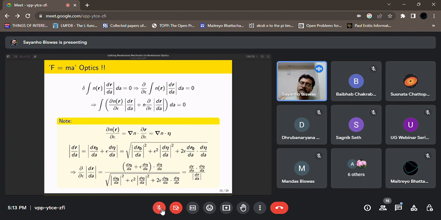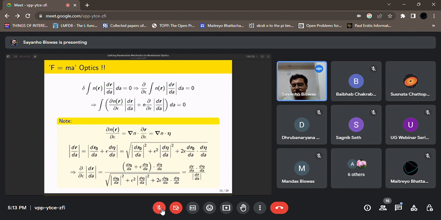Then we can write it as a dot product of dou n dou x i cap plus dou n dou y j cap plus dou n dou z k cap, dot product with dou x dou epsilon i cap plus dou y dou epsilon j cap plus dou z dou epsilon k cap. Right?